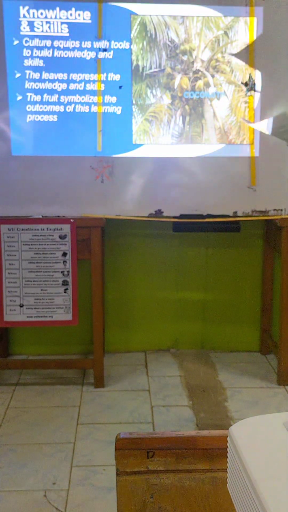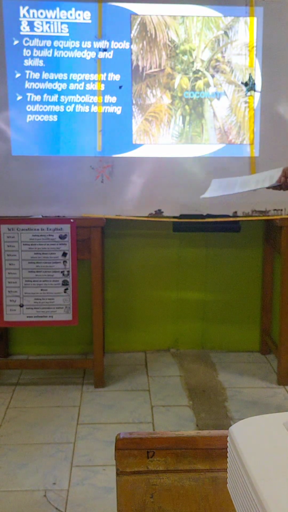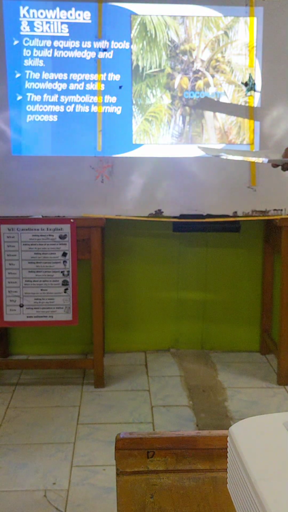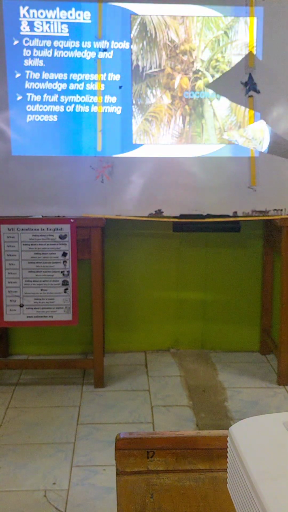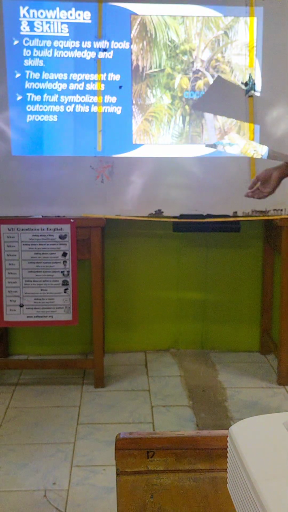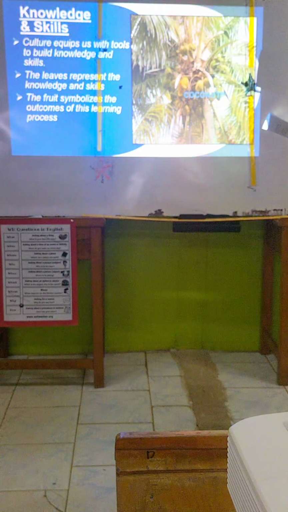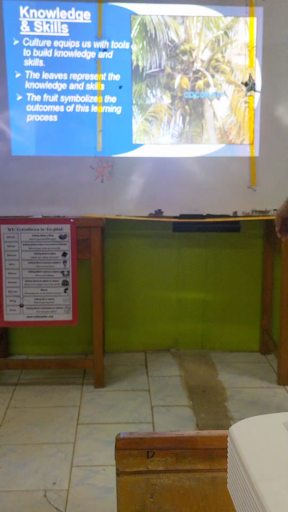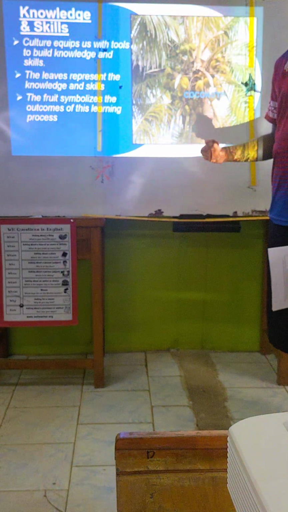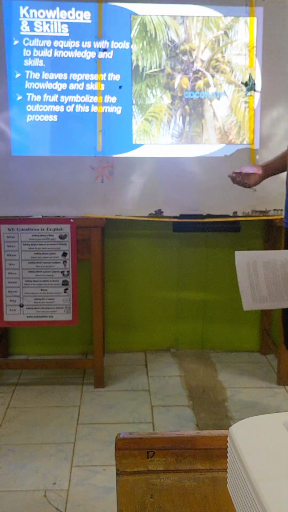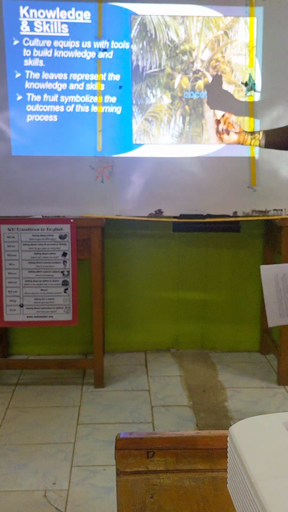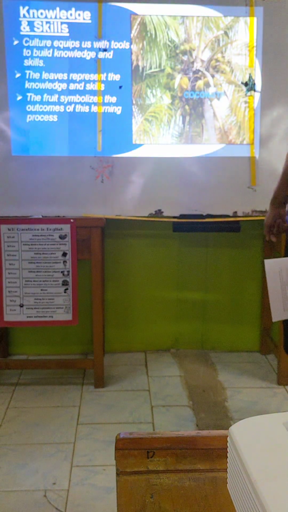The coconut on the tree symbolizes the individual knowledge and skills that our children learn through social interaction and cultural engagement. Each coconut is unique. So likewise, the child or a person, everyone is unique. So we are different. The fruit symbolizes the outcomes of this learning process.